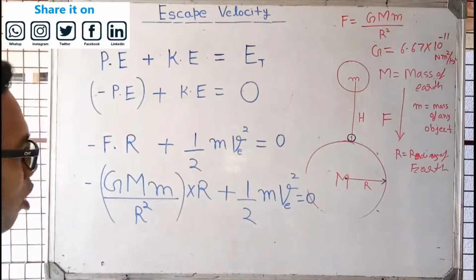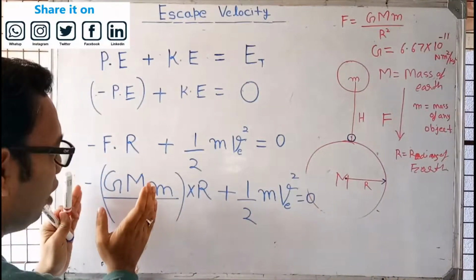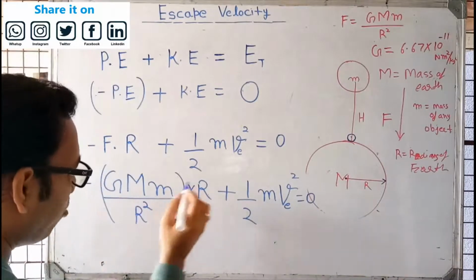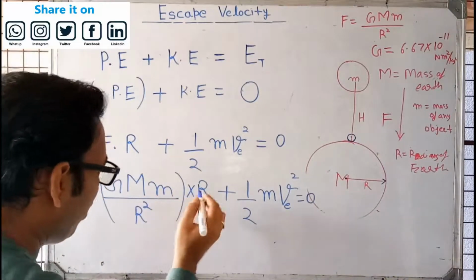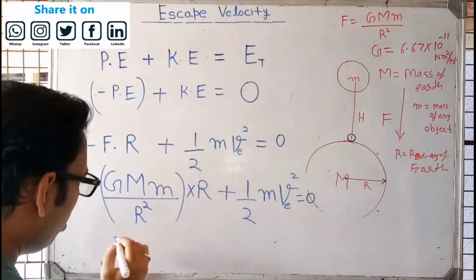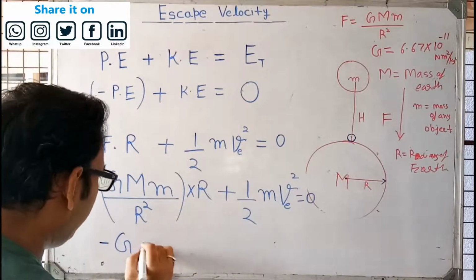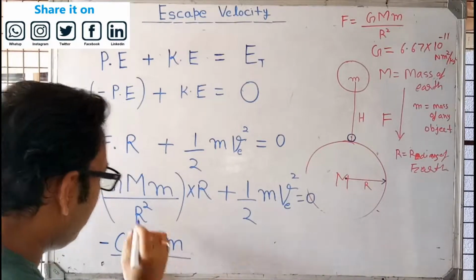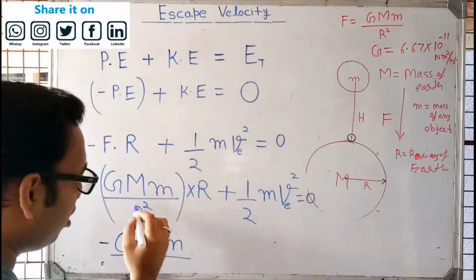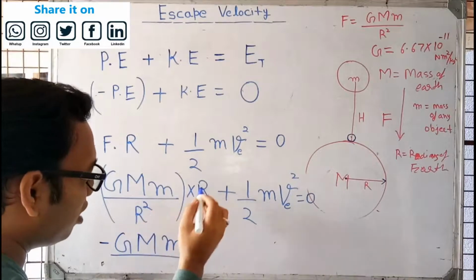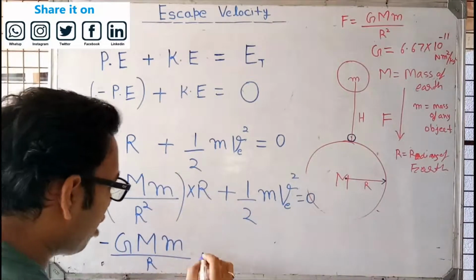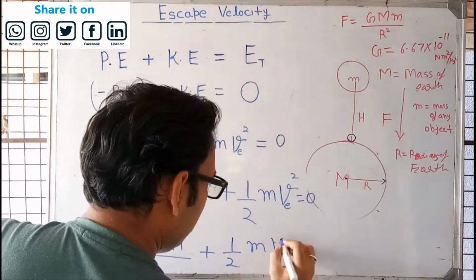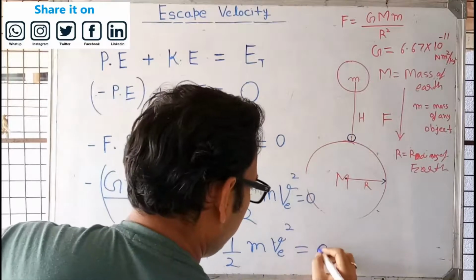So this becomes 0. What we'll do is cut here. If we solve this formula, we will cut the R with R, so this becomes minus G capital M small m divided by capital R, since R squared is in the denominator and this is R, plus half m ve squared becomes 0.